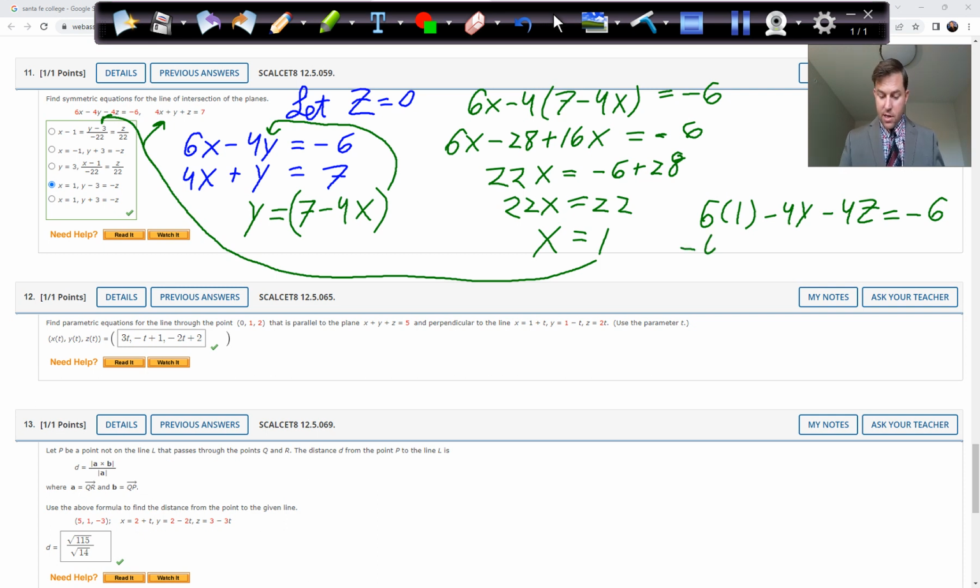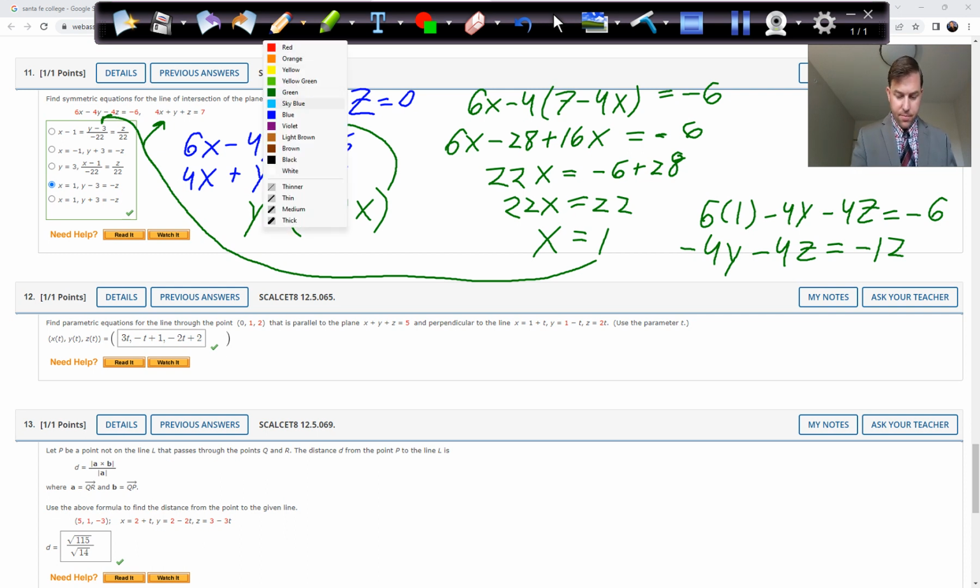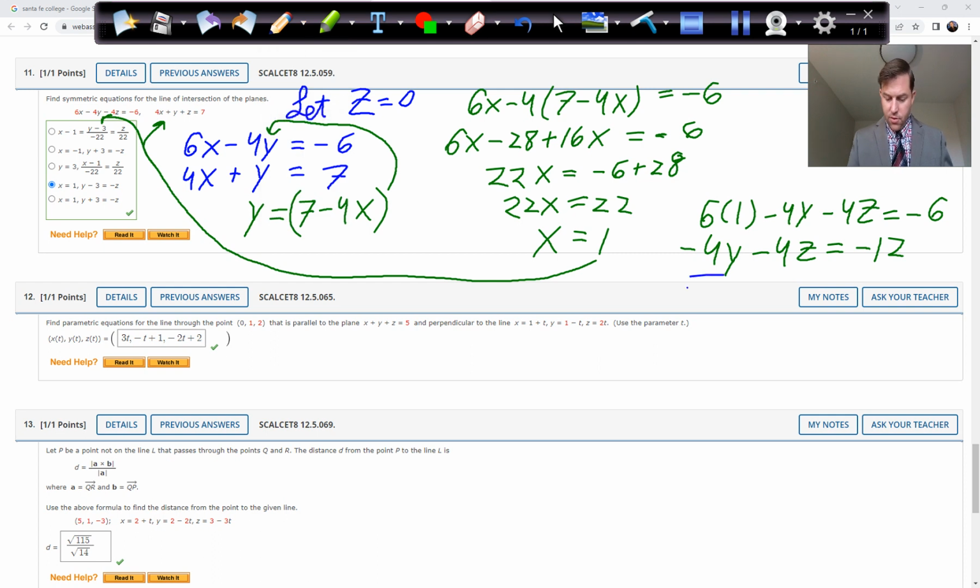So we're going to get minus 4y minus 4z equals negative 12. So when I move this positive 6 over, it becomes negative, and we get negative 12. We can divide all three numbers by negative 4, and we're going to get y plus z equals 3.